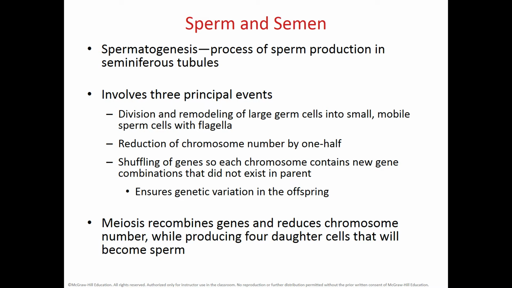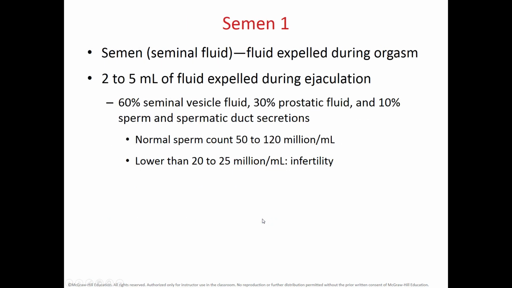And as you are doing this, you reduce the chromosome number in half, and you also start reducing the volume of the cytoplasm. And again, in meiosis, you recombine the genes, and then you produce, out of one spermatogonium, 4 daughter cells that will have 23 chromosomes each, single-stranded chromosomes.